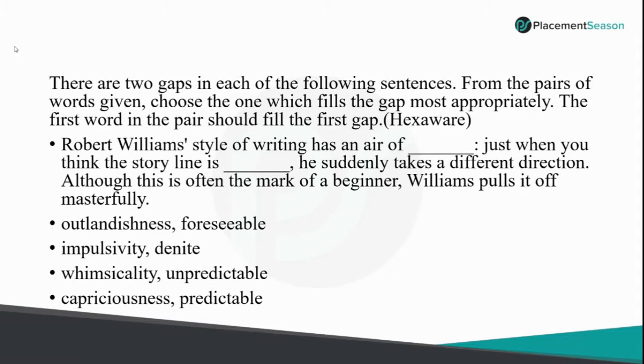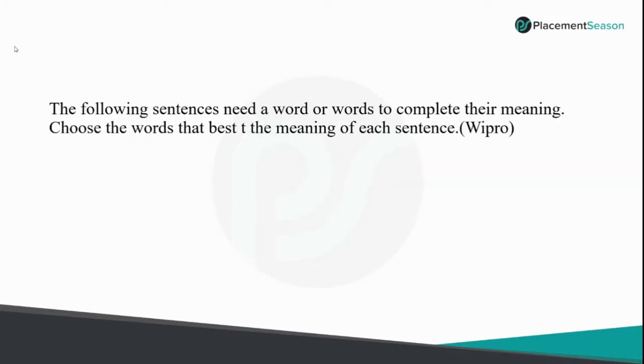Now, coming to the meaning of it, what is capriciousness? Capriciousness is a sudden change in mood or behavior. So, Robert Williams' style of writing has an air of capriciousness. Just when you think the storyline is predictable, he suddenly takes a different direction. Clear? Let's move on to the next question.